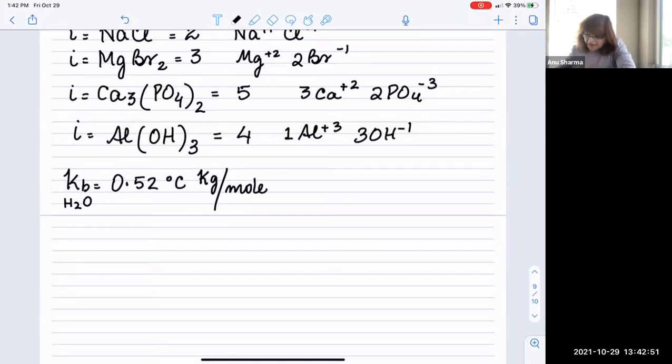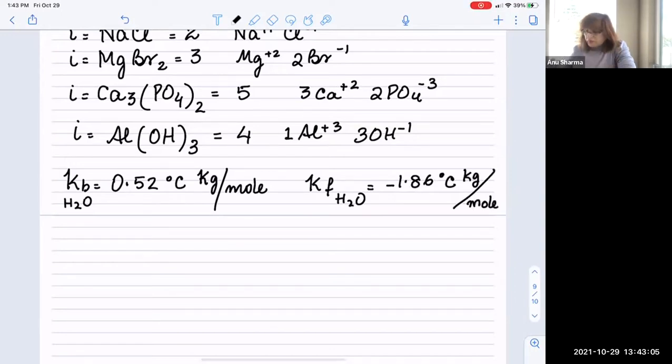And the value of Kf for water is equal to -1.86 degrees Celsius kilograms per mole. Okay, so now let's do this problem.